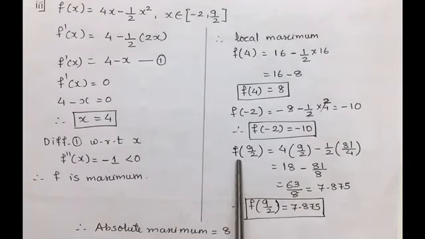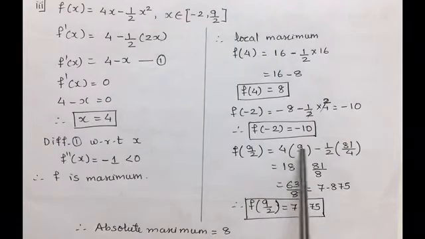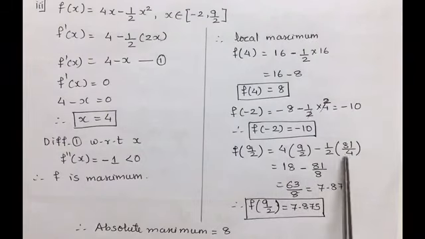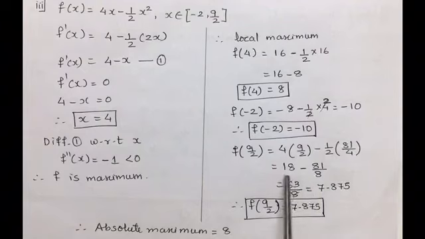Now keeping the value of x as 9 by 2 in f and calculating it, we get 4 into 9 by 2 minus half of 81 by 4. Cancellation gives 18 minus 81 by 8. Again taking the LCM and calculating gives us 63 by 8. If we convert it into decimal, f of 9 by 2 is 7.875.